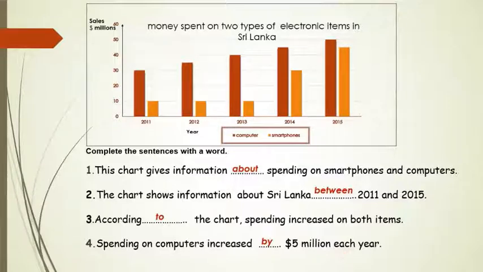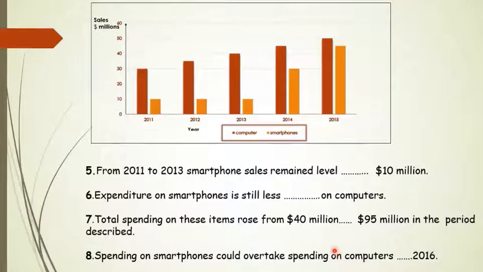Okay, right. Few more sentences here. From 2011 to 2013. Okay, the period 2011 to 2013. From 2011 to 2013, smartphone sales remained level.